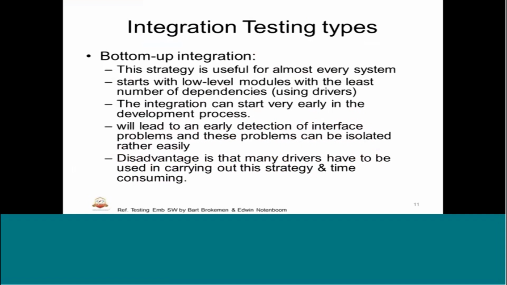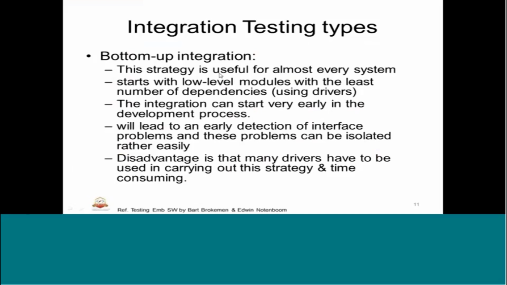So the next type of software integration testing is bottom up integration. In this what we do is basically we take up the low level or the lowermost modules, we start with that, where the minimum dependency or least dependency with other components is there, and we do it one by one, step by step, and we go higher up.